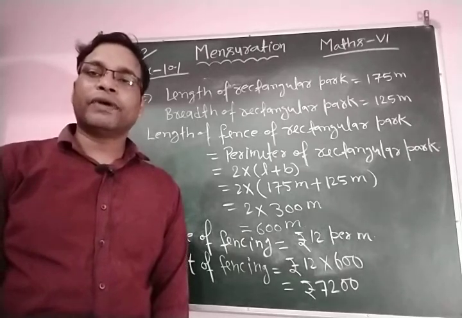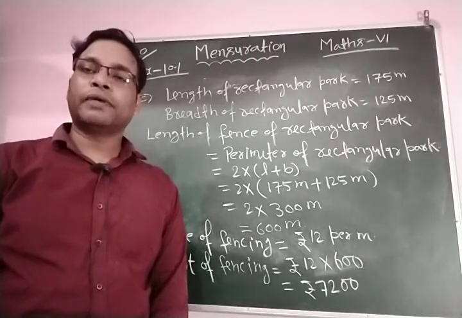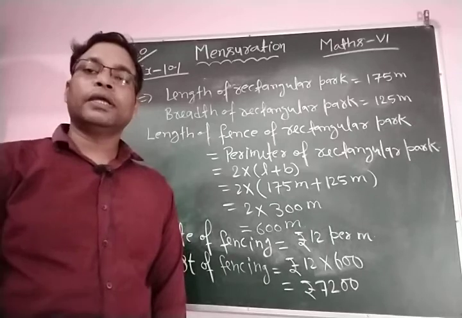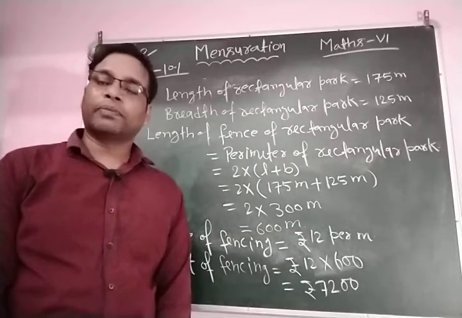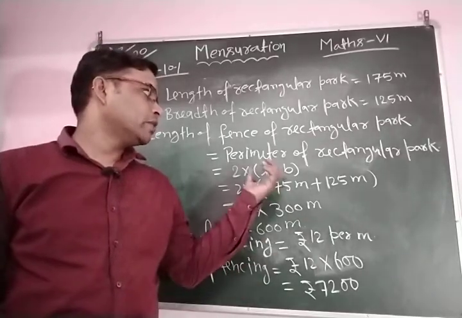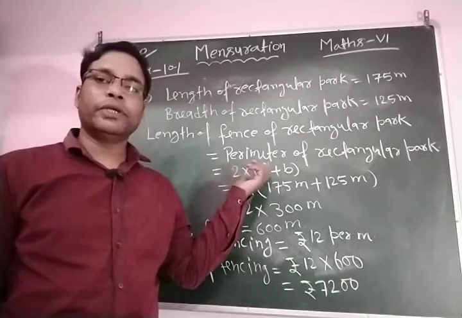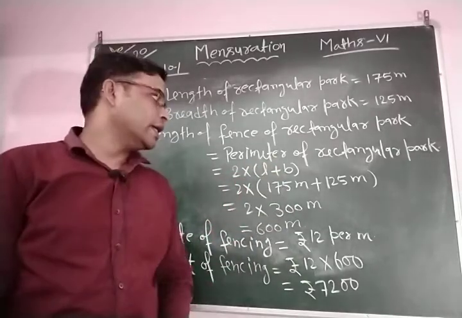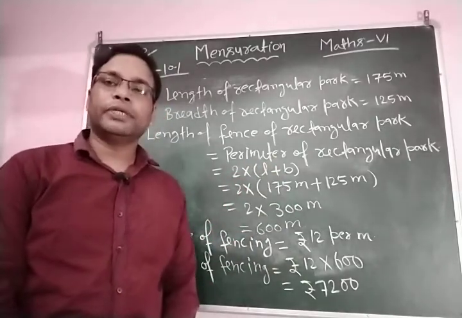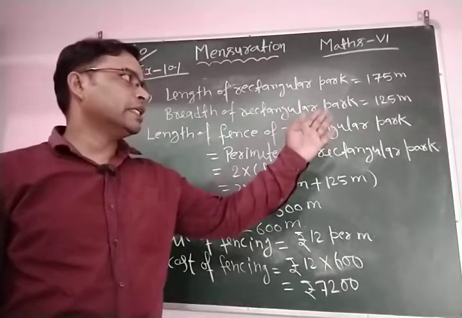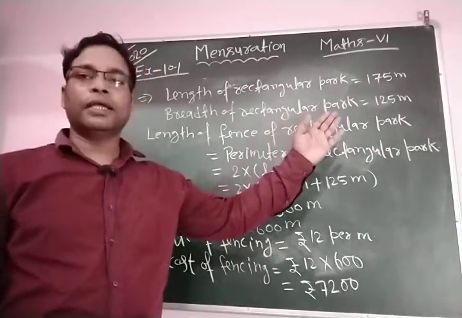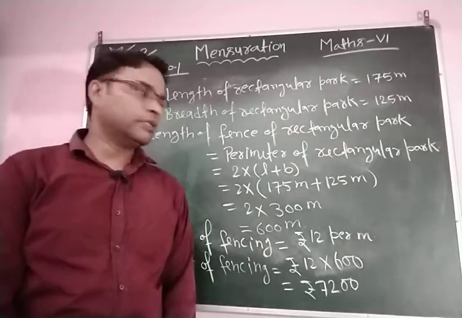So how do we find the length of fence of a rectangular park? This is equal to the perimeter of the rectangular park. So the perimeter is 2 into L plus B, where L represents length and B represents breadth.